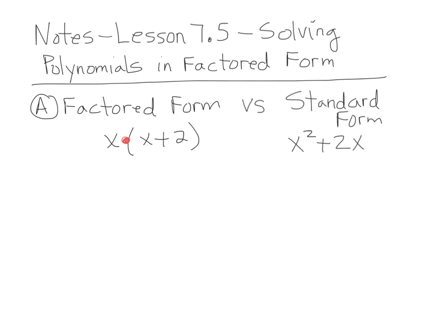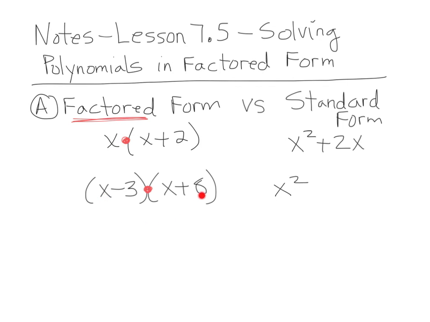So for factored form, we have to have multiplied pieces or quantities. One more example of factored form might be the quantity x minus 3 times the quantity x plus 8. That's factored form because you have two quantities being multiplied together. Versus standard form, that'd be after you multiply it out. X times x is x squared.